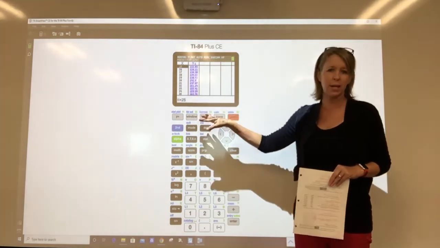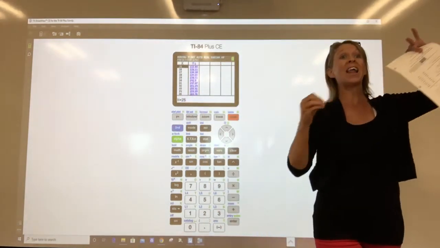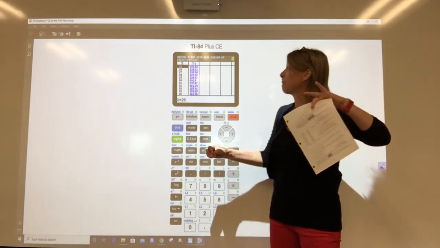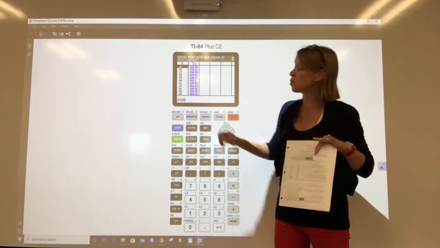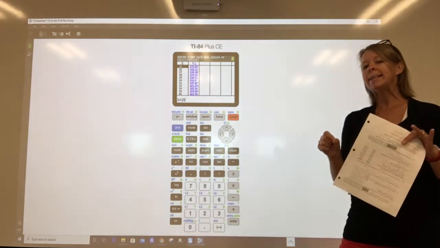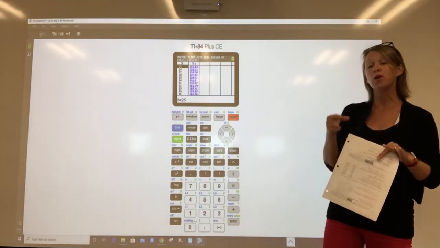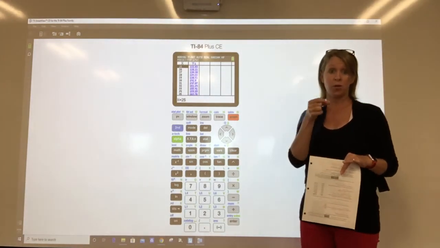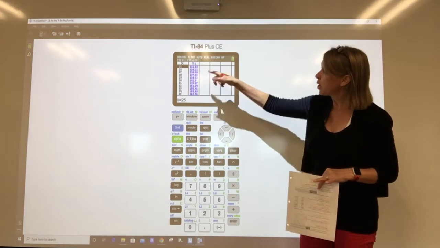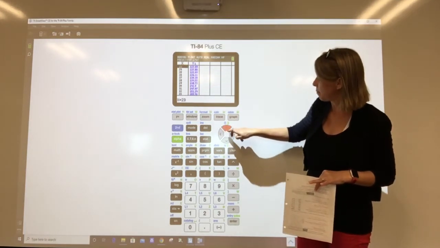And what you're gonna see here, and your table might look different than mine, these are all points that are on that line of best fit, okay? This is the x value, this is the y value. We're interested in an x value of 18 because 18 years after the year 1995 would be the year 2013, okay?